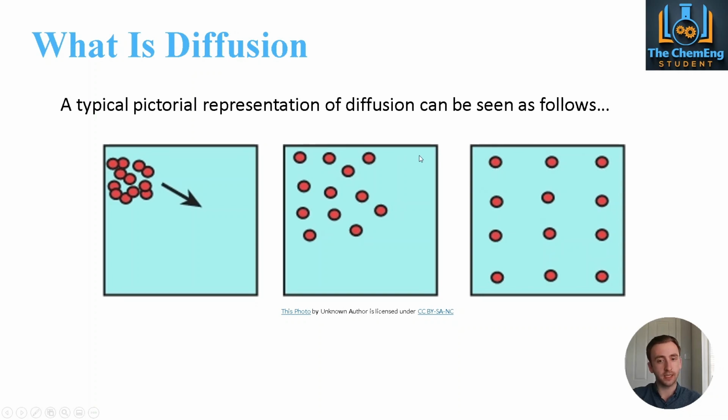If you imagine this as the cup, it slowly fills the cup until the concentration has reached an equilibrium, i.e. the concentration of the red particles at any point in the system is the same. That's how diffusion basically works in a graphical representation.